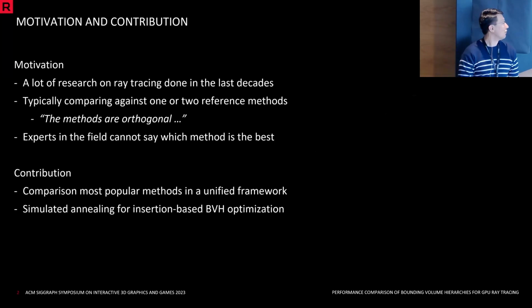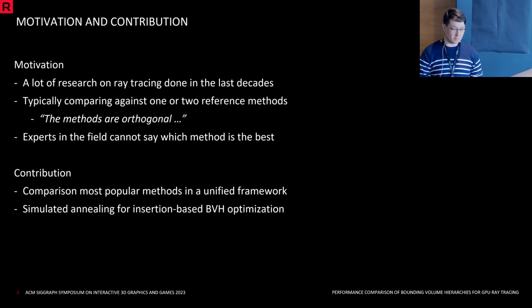So let's start with the motivation. A lot of research has been done on ray tracing in the last decades. But the proposed methods are typically compared in very limited setups, against one or two reference methods, and there are often shortcomings, like the assumption that the methods are orthogonal, which might not always be true. And experts in the field sometimes really cannot say which method is the best.